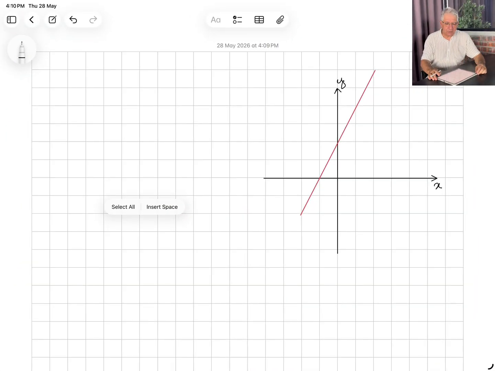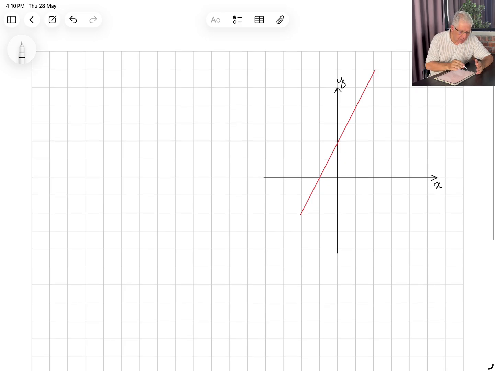Okay, let us start to discuss the derivative of a function. As we know, the gradient of a line is not dependent on the points. You can choose any 2 points on a line and find the gradient. That means the gradient of a line is constant. Look at the diagram here.